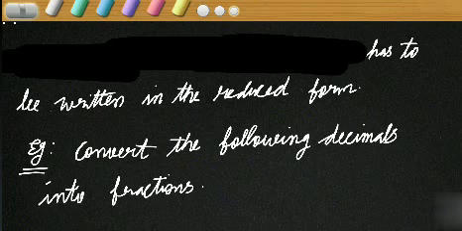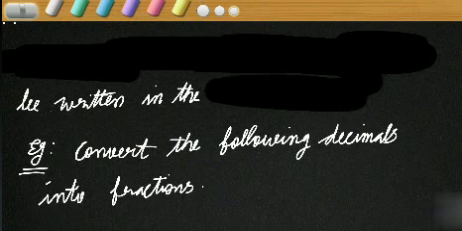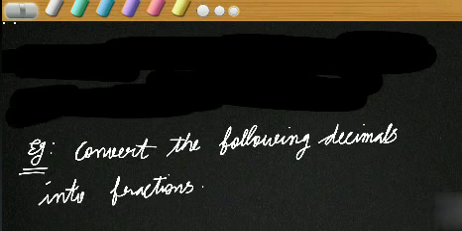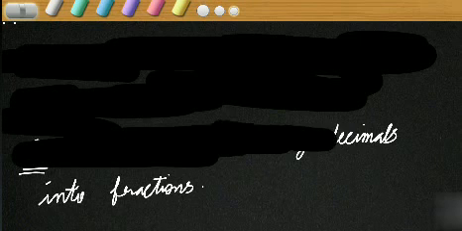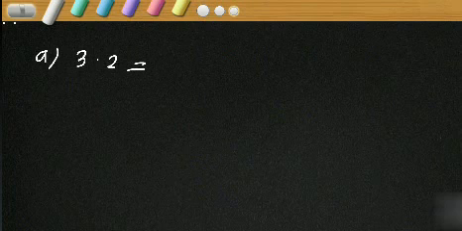A, as we have written already, the question number A is 3.2. So how is it to be done? Remove the decimal point. It becomes 32.